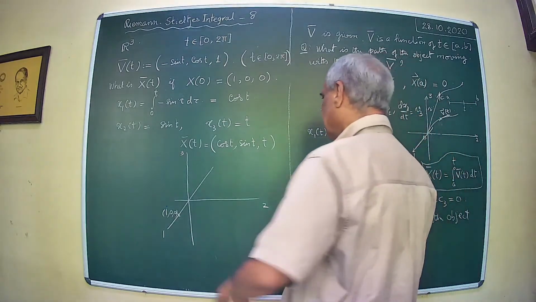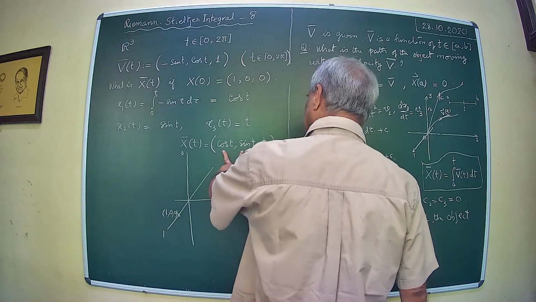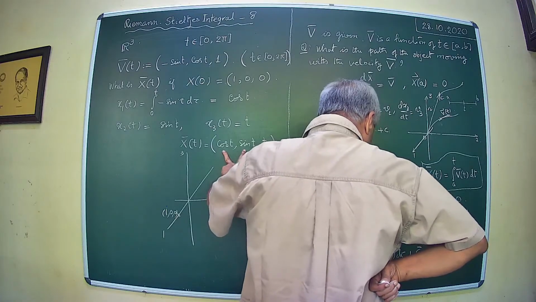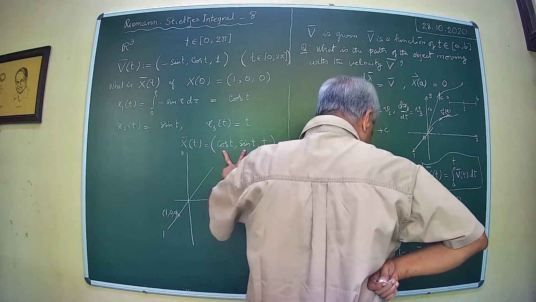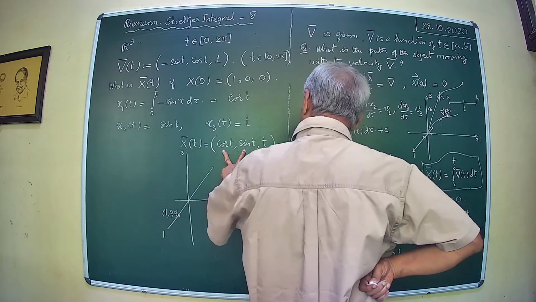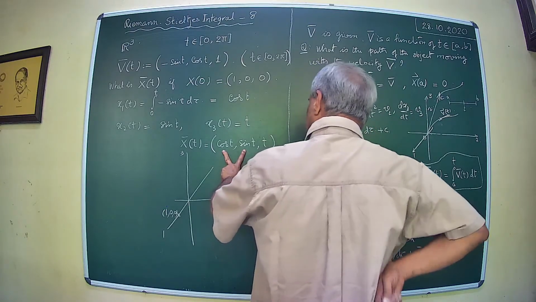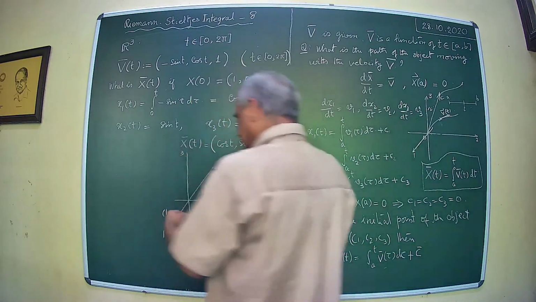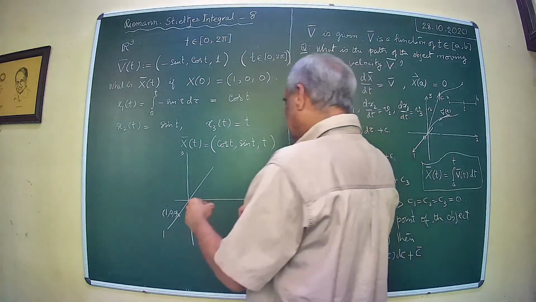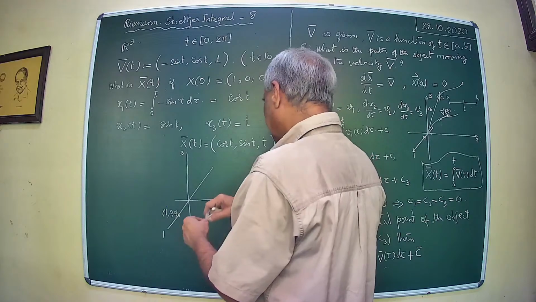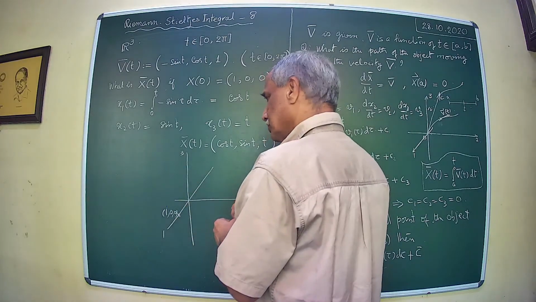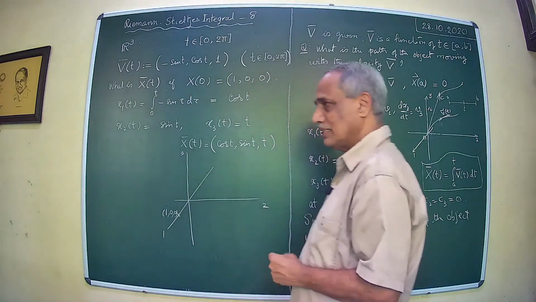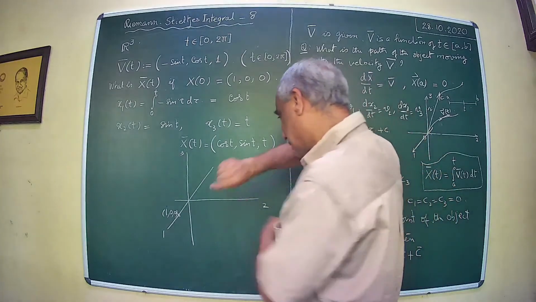You see that the x1 coordinate is cos t, x2 coordinate is sin t, and you know that they satisfy the condition that x1 square plus x2 square equal to 1. Okay, and you can think of the movement in the plane 1, 2 space given by cos t, sin t. That means it just goes round in a circle of radius 1.